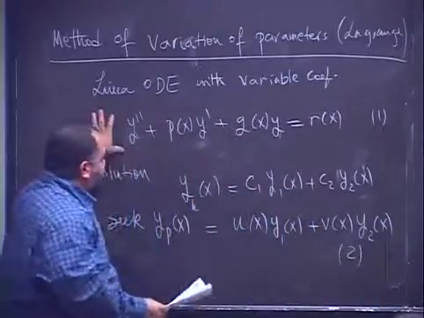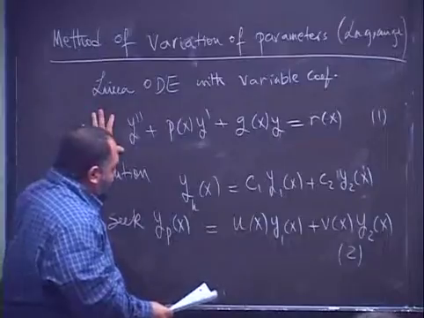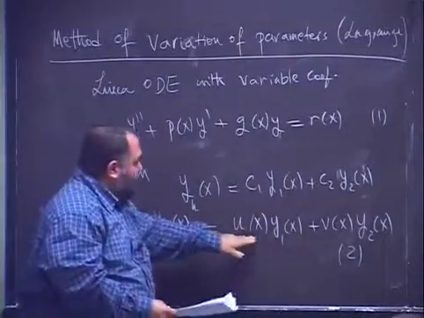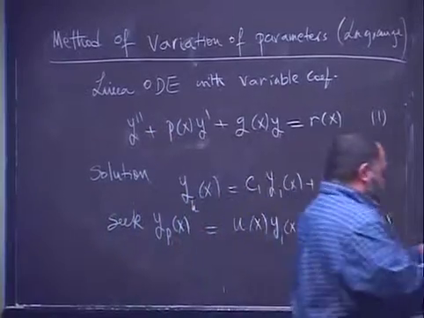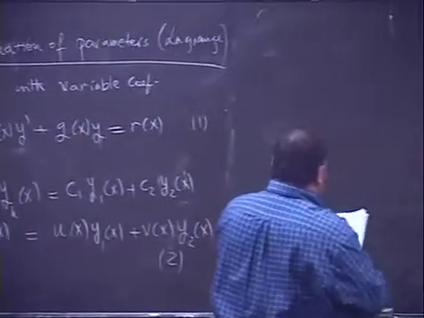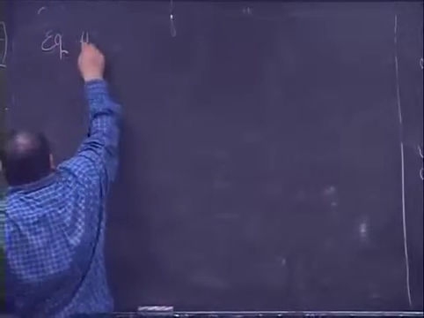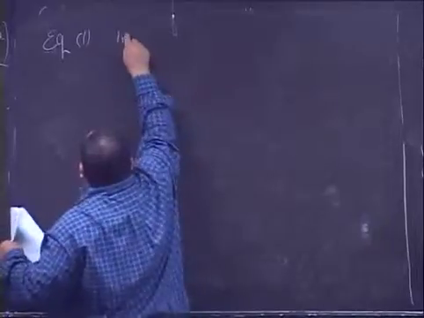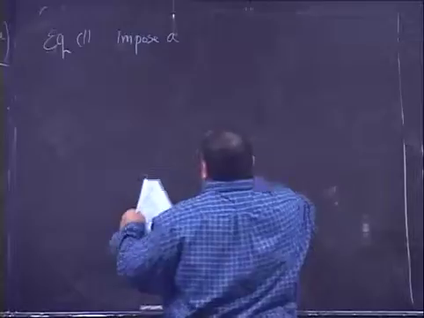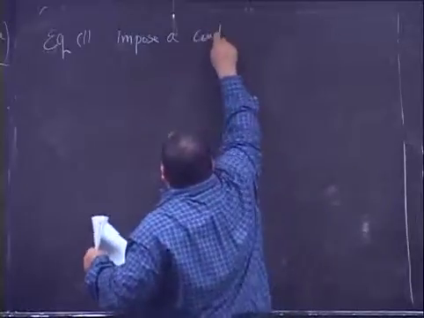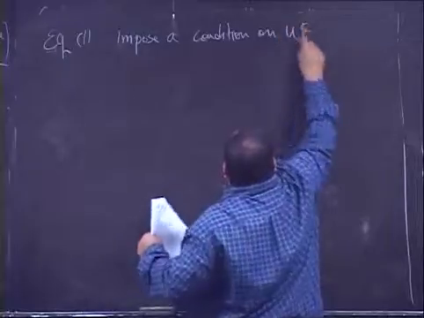So equation number 1 will give us a condition for what u of x and v of x should be, and we have to impose another condition. So equation 1 imposes a condition on u and v.